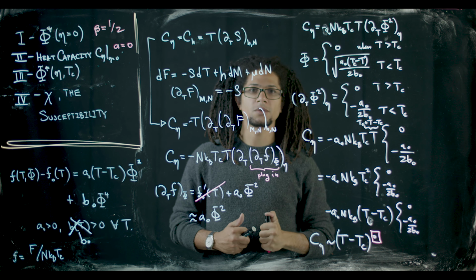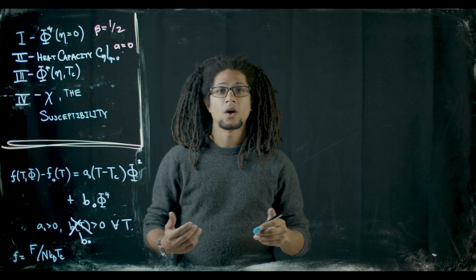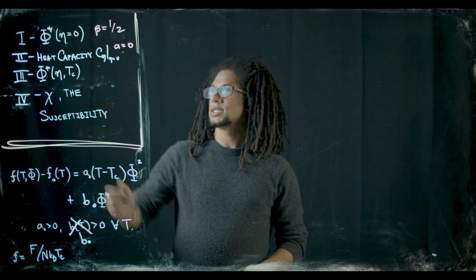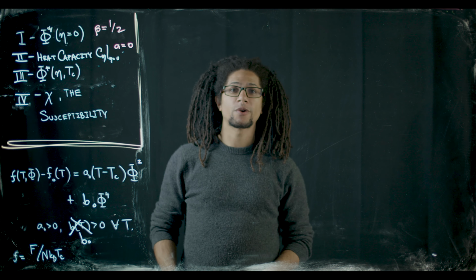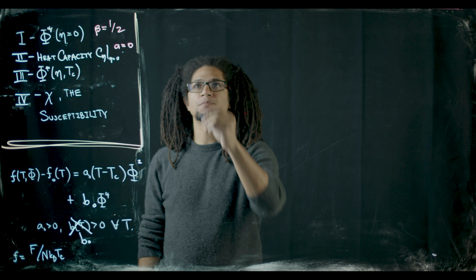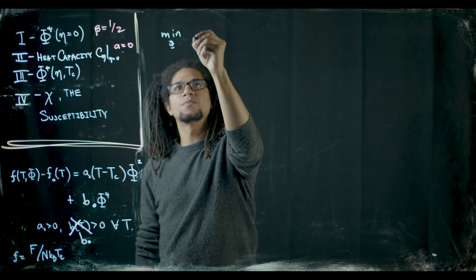All right, let's erase the board and get on to our next object that we want to compute. Okay, the next thing on our agenda is to compute phi star of eta, but when we're at the critical point in terms of the temperature. So once again, we're going to look at this minimization problem.